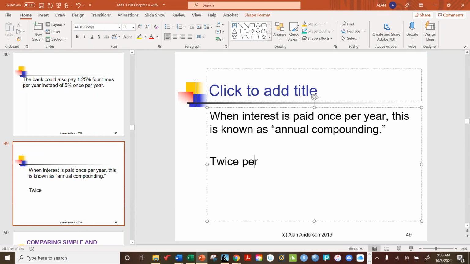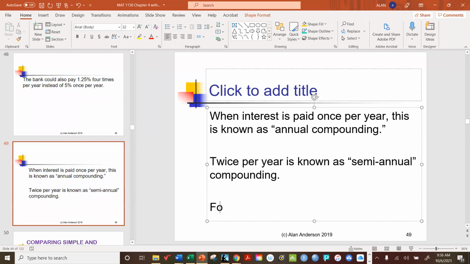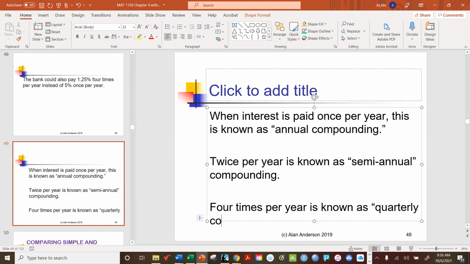Twice per year is known as semi-annual compounding. 4 times per year is known as quarterly compounding, et cetera, et cetera.